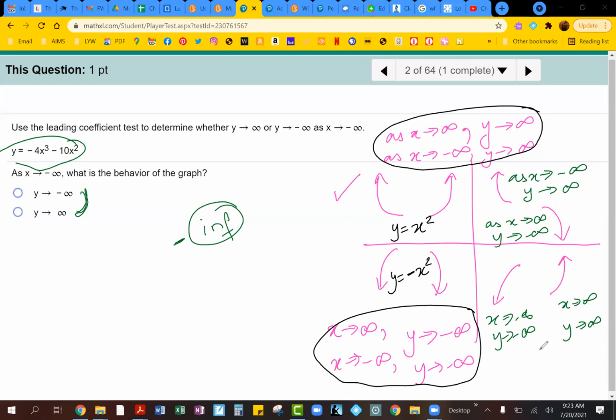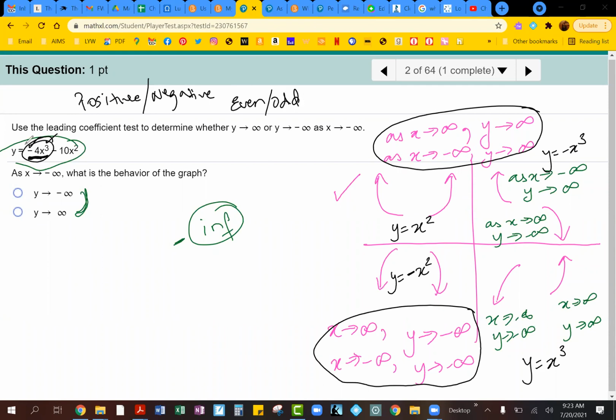The bottom right function is actually your y equals x to the third power. And then the other one is y equals negative x to the third. And that's exactly what we have over here. You have a negative x to the third power, because remember, for the leading coefficient test, you need to know if your leading coefficient is positive or negative, and then whether you have an even or an odd exponent.